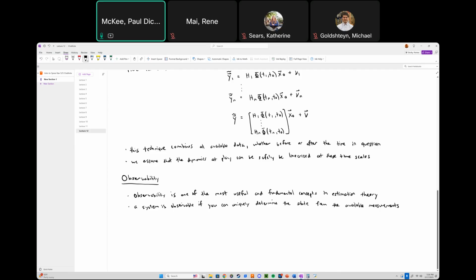And so this depends on your measurement geometry, the problem formulation, the assumptions, the choice of states. It's tricky.